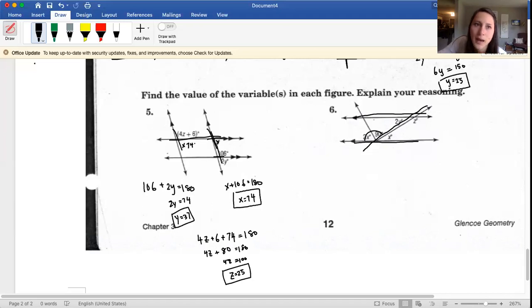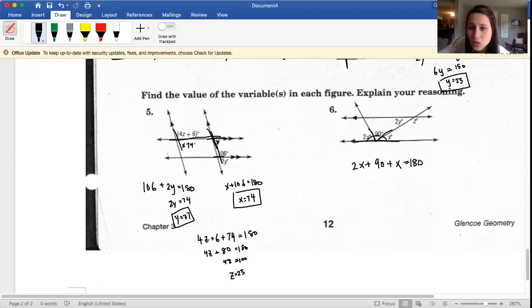Let's take a look at what we have down here first. I've got 2x, 90, and x. This is probably from a previous lesson that you did in chapter 2. But if I look at this, all these angles, this angle plus this angle plus this angle, have to add up to be 180 degrees because all these are linear pairs. So 2x plus 90 plus x equals 180.